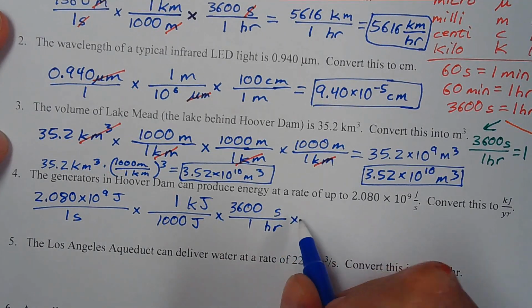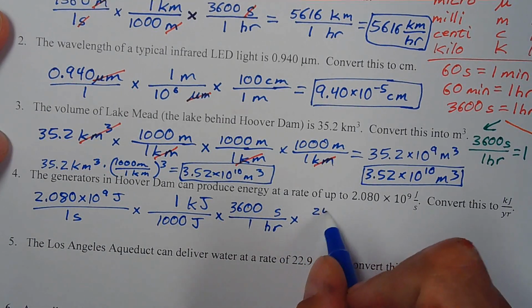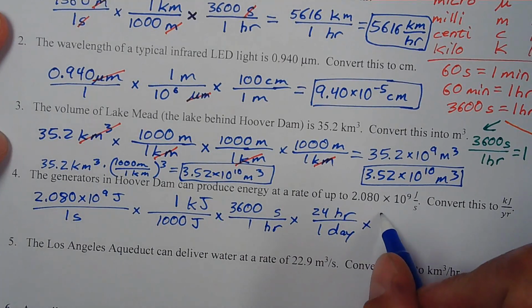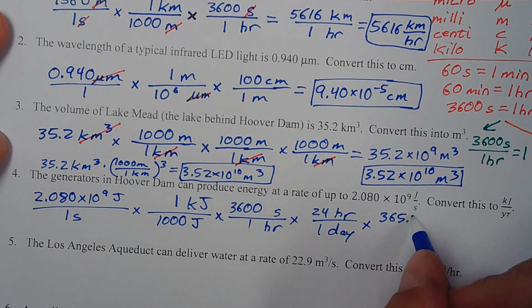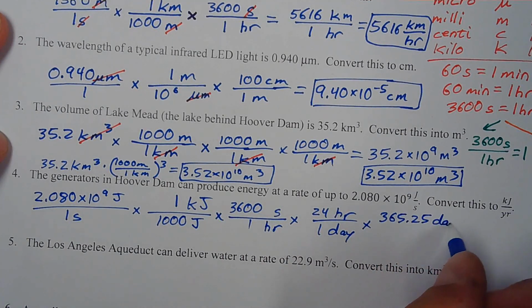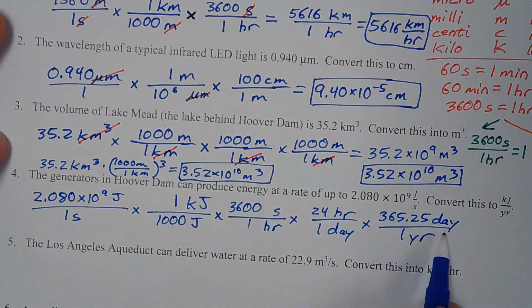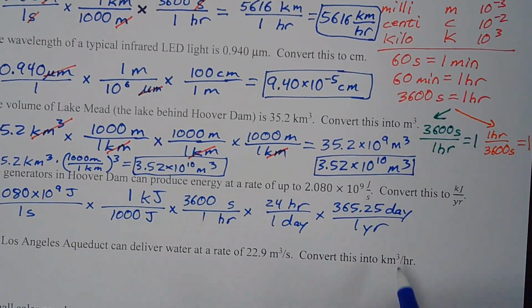So there are 24 hours in 1 day and 365.25 days in 1 year. That extra 0.25 day, that's why we got leap years.